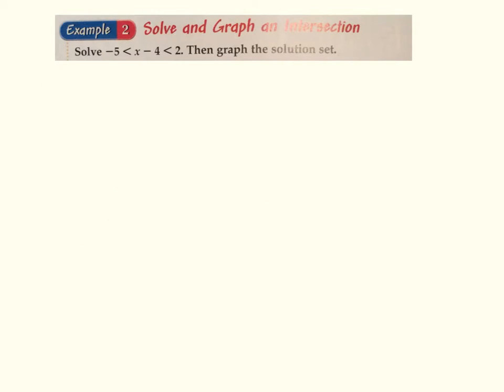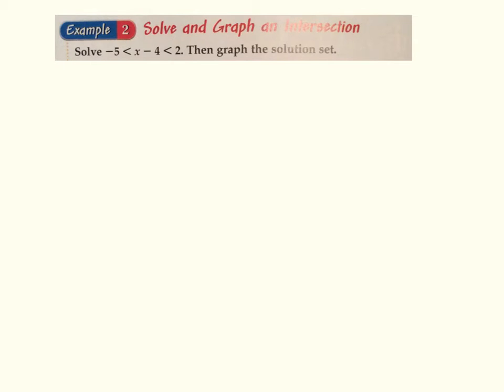Okay, in this particular example, this is another one from the book. It says solve the inequality -5 is less than x minus 4, which is less than 2. So the first thing that you want to do is go ahead and break this inequality up into two different pieces.